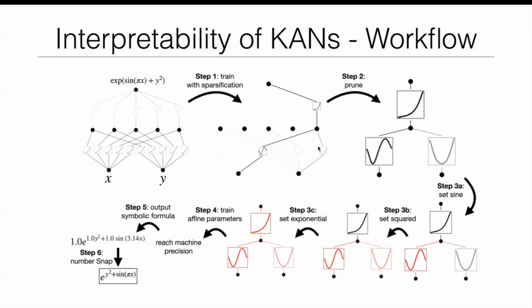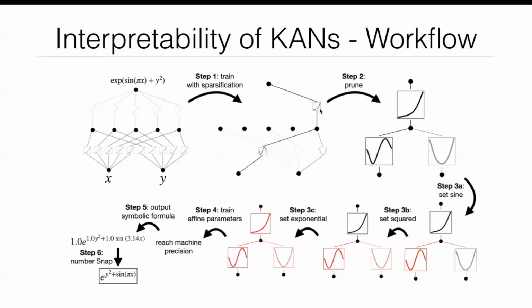This y here is activated with something that looks like a parabola, so something that looks like squared. So at this node, it looks like I'm getting a sine of x plus y squared or something like this. And then at this point now I can just prune away all of these. So I can essentially just focus or zoom in on this part of the network that looks like this.